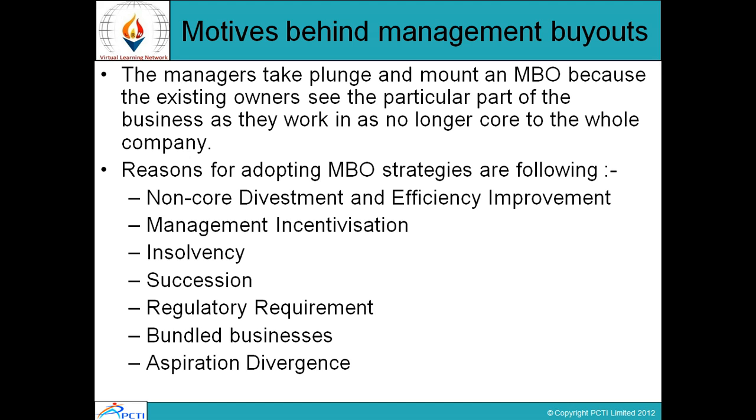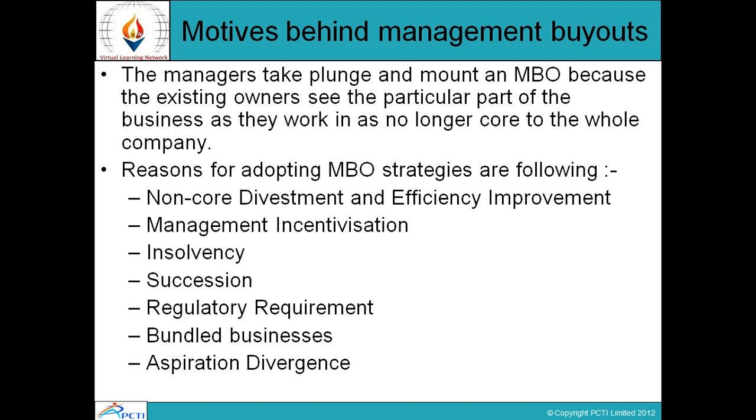Here an organization which is focusing on efficiency improvement or consolidating its core activities will quite often look to divest business units that are a financial burden or represent a divergence from the new strategy. In this case, an MBO can provide a smooth and efficient transaction that avoids inconvenience.